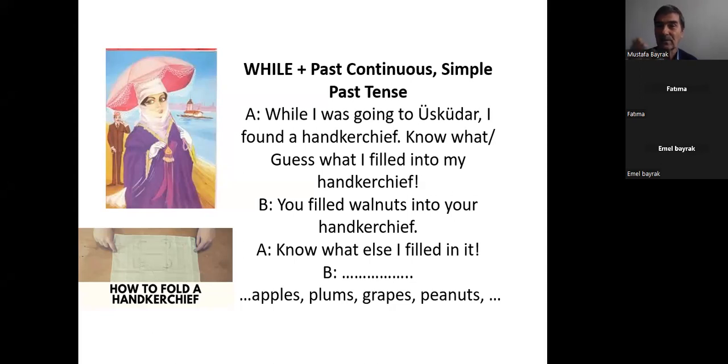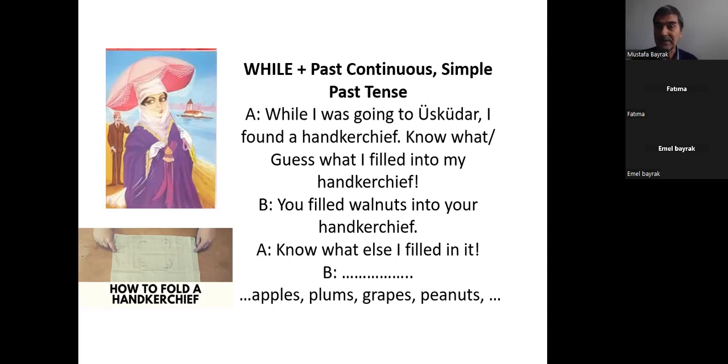For example, it's a walnut. I filled walnuts into, you filled walnuts into your handkerchief. What else did I fill in it besides walnuts?